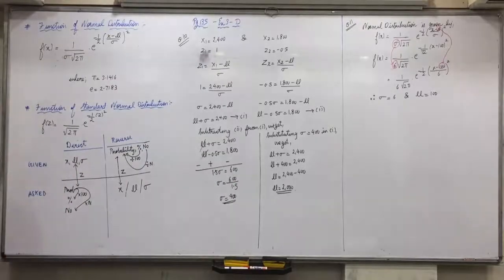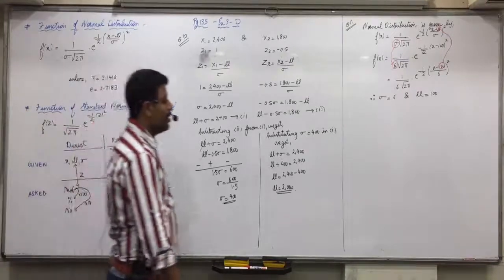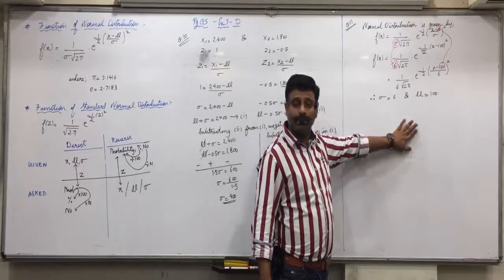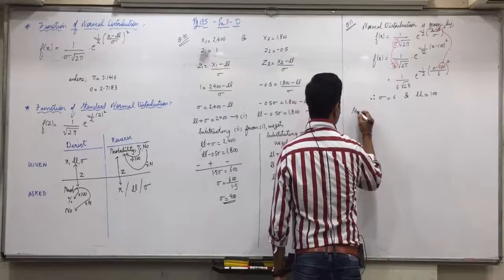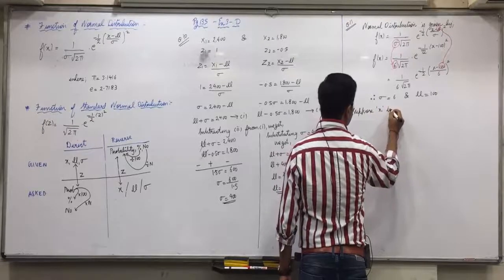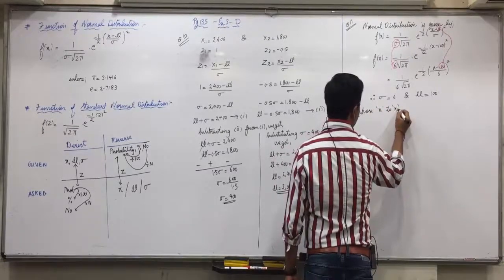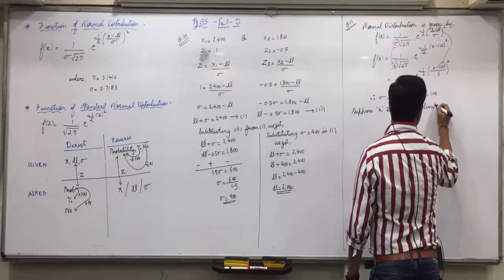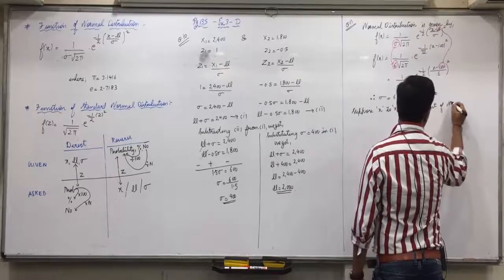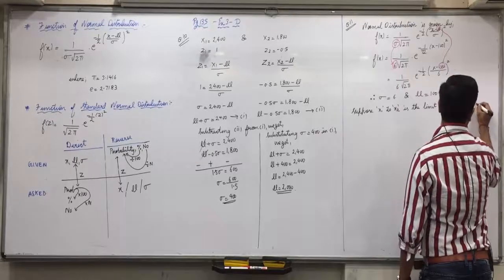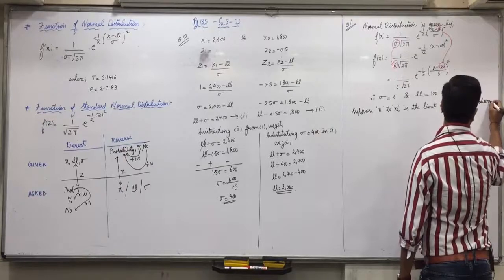Now we'll go in reverse and first find the value of z. Anyone who did not understand this comparison of two functions? Let us suppose x1 to x2 is the limit of middle 50% observations.